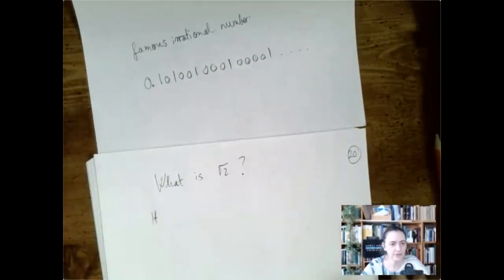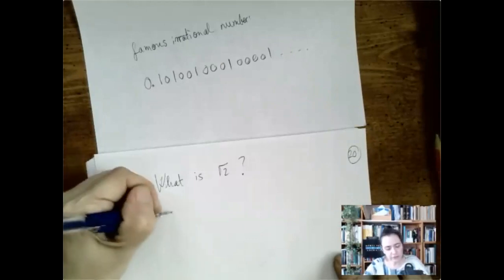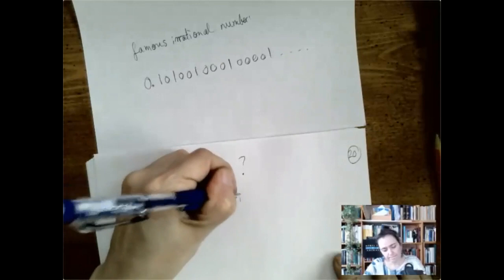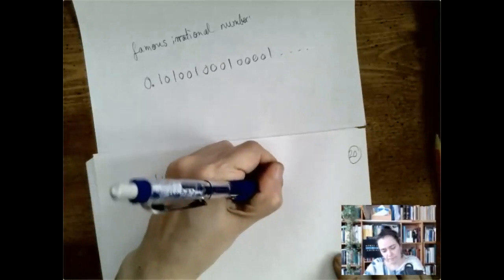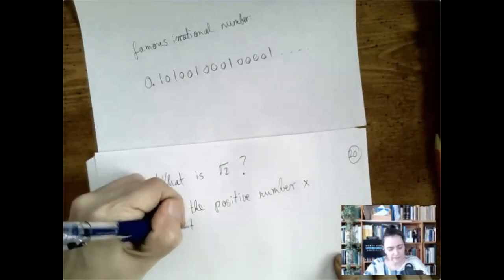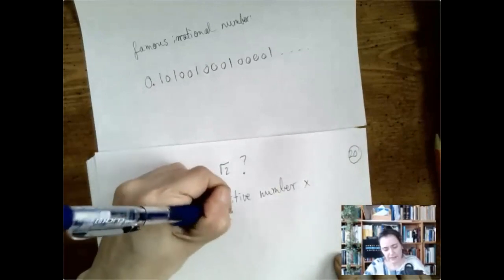Actually, there are 2 numbers that square to 2. One of them is square root of 2. The other one is the opposite of that. So what is square root of 2? It is the positive number x such that x squared is 2.